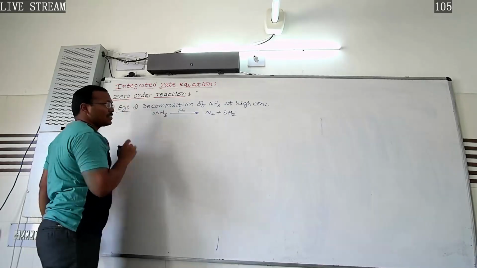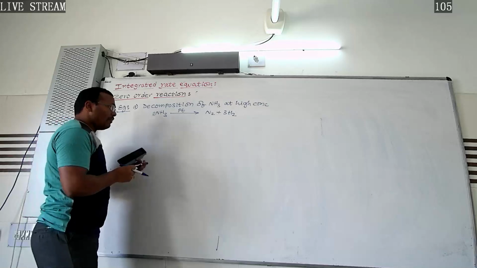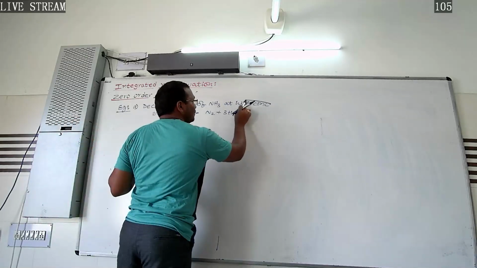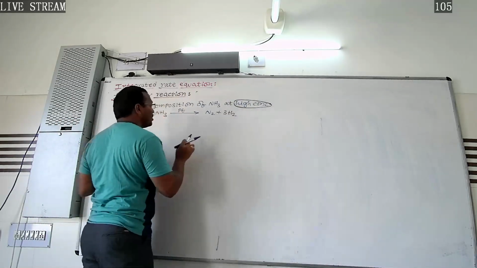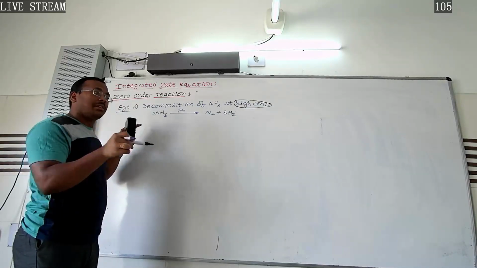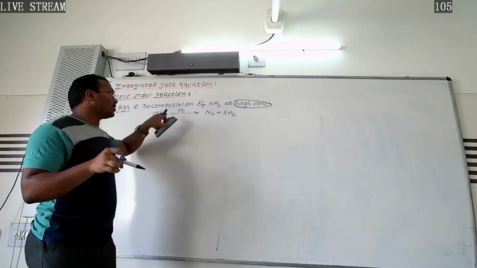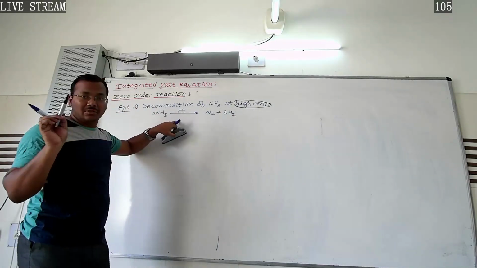So this is a very interesting example. The reaction is first order as well as zero order. When the concentration is very high, even though you increase the concentration, because it has already reached a high level, the rate will not change.